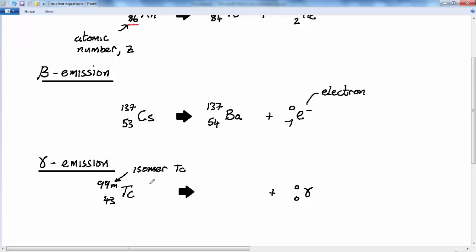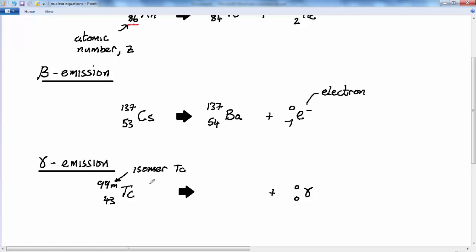So nuclear isomers are nuclei with the same number of protons and the same number of neutrons. That's to say, they're the same element, but the arrangement of those nucleons, of the neutrons and the protons, are different in each. And that results in one isomer having a higher energy state or level than the other.